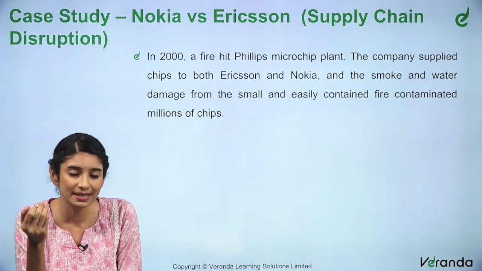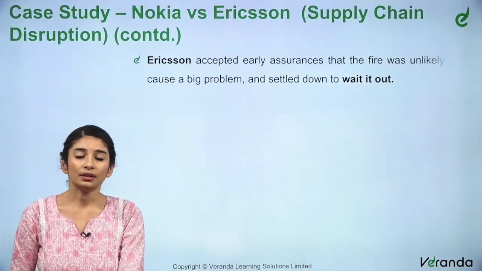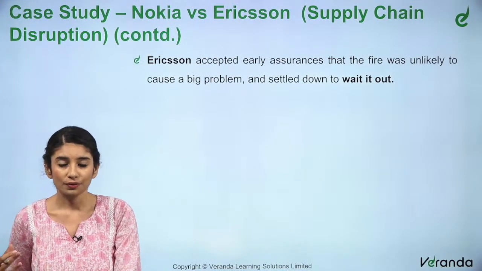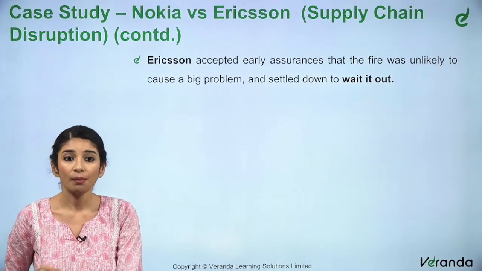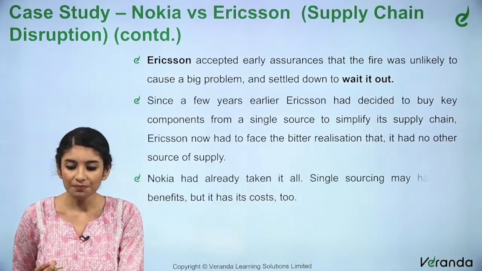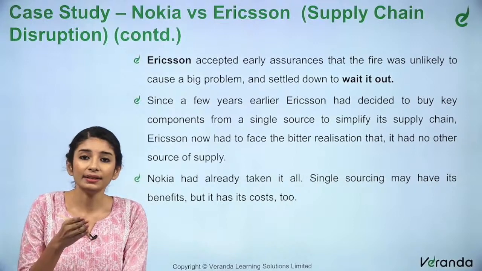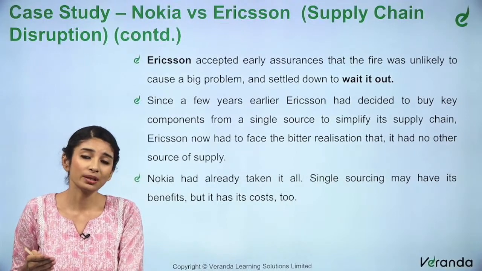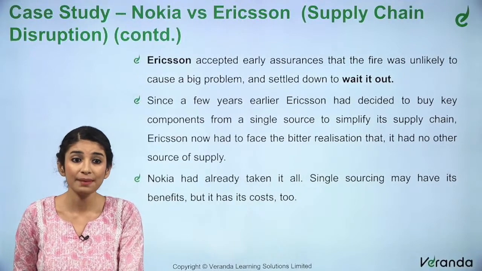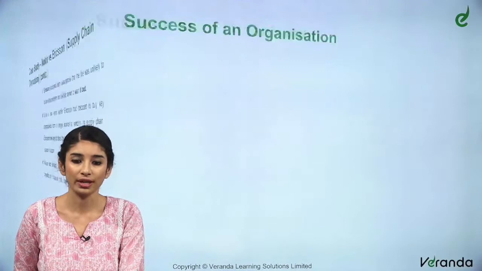The supplier was the same who supplied microchips to both companies. But there was a fire in that factory and Ericsson waited it out so that this issue would be sorted, but Nokia acted very swiftly. Because they acted swiftly, they moved to different suppliers, and that would be a complicated supply chain management process, but Nokia did it because they wanted to stay ahead of the game, and that happened. Ericsson lost a lot of its market share to Nokia.